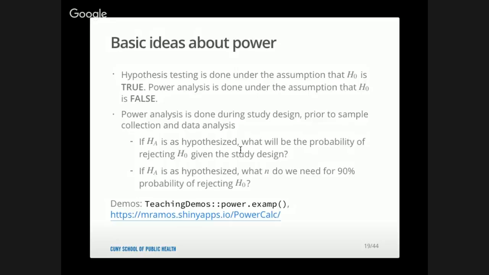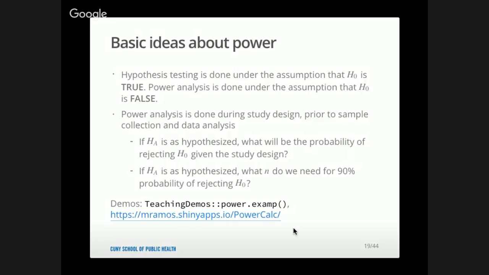To answer questions such as: as we hypothesize, what's going to be the probability of rejecting the null given our study design? Or alternatively, if the alternative hypothesis is true as we think, what sample size do we need to have a 90% probability of rejecting the null hypothesis?